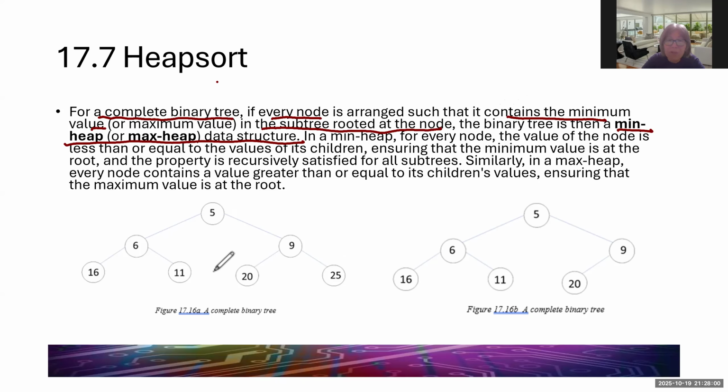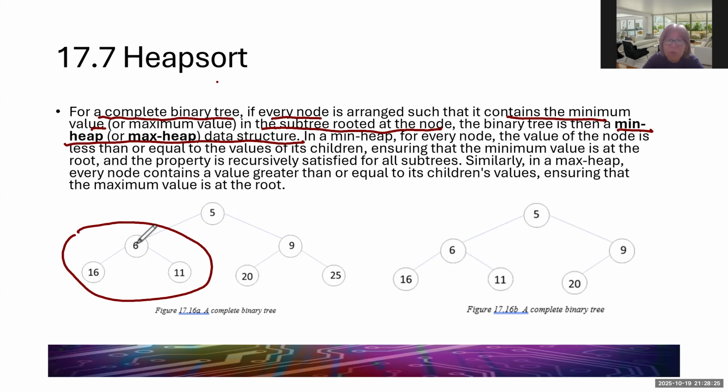So let's take a look at this case. For the root node, 5, its value is the minimum in this tree, so it's at the root node. Then let's take a look at this subtree.